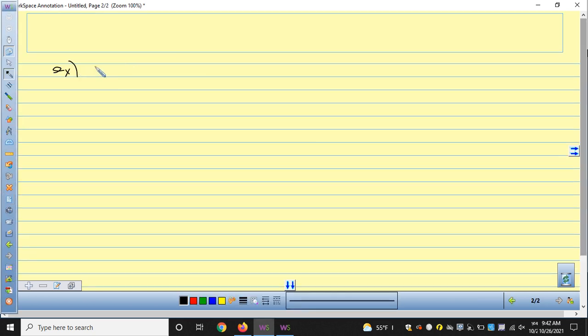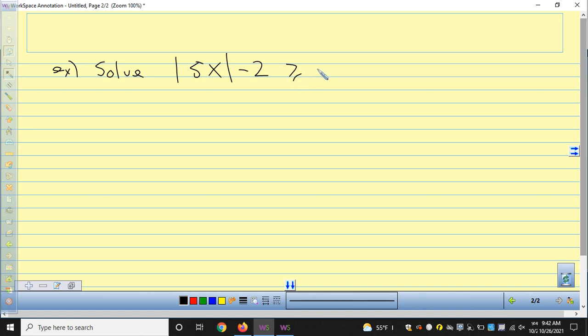We're going to solve absolute value of 5x minus 2 greater than or equal to 18. My first step is to get the absolute value by itself, just like before. So I'm going to add 2 to both sides. So I get the absolute value of 5x is greater than or equal to 20.